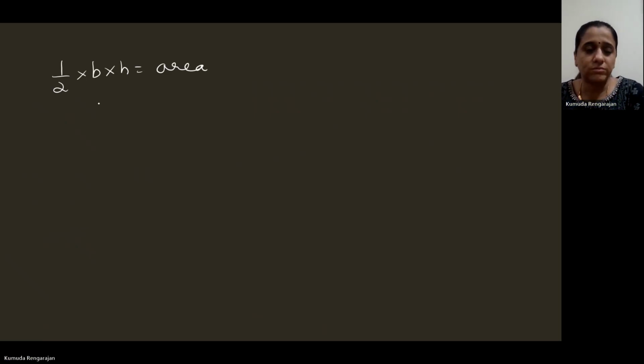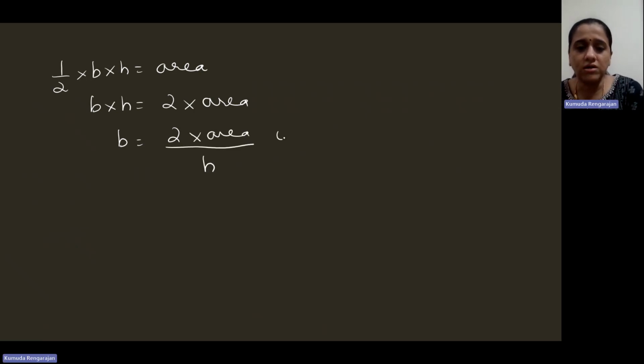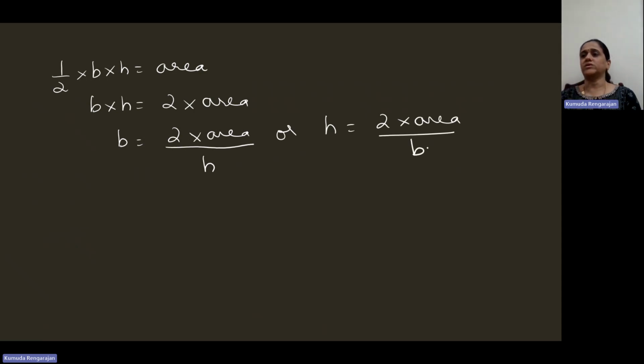So base into height is equal to 2 into area, correct? So base is equal to 2 times area by h, or h is equal to 2 times area by b. If you want to use this also, you can do it. If you want to directly use this formula, substitute and get, fine. All right. This is how it's derived.